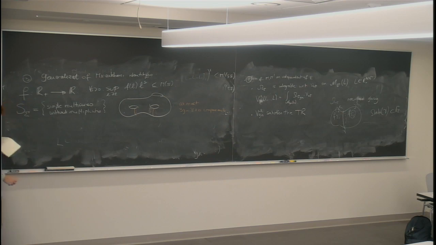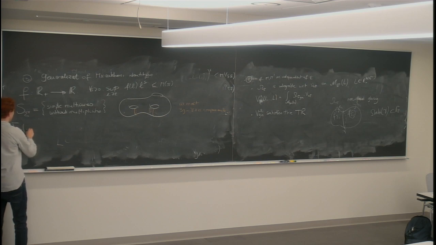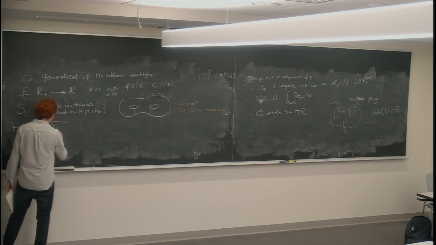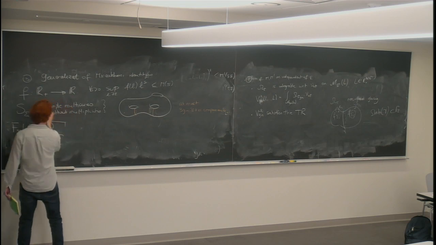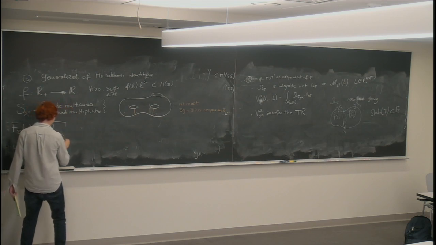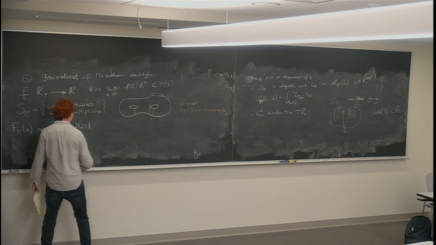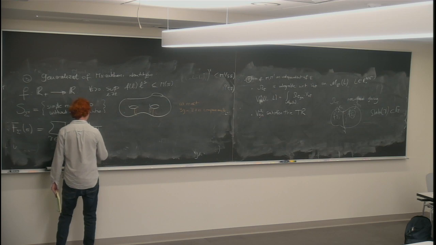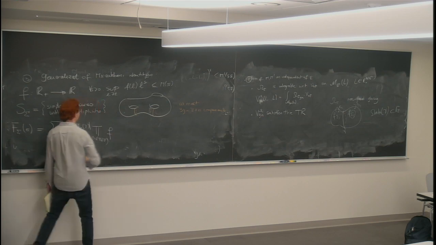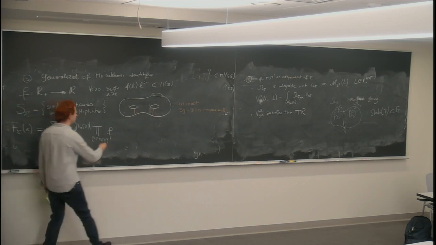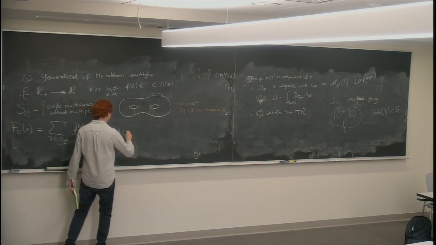Good. So here's an independently defined function on Teichmueller space. Pick a hyperbolic metric and sum over all such multicurves with some parameter t, which remembers the number of components, and then you take the product over all components, testing the hyperbolic length of each component with the function f.